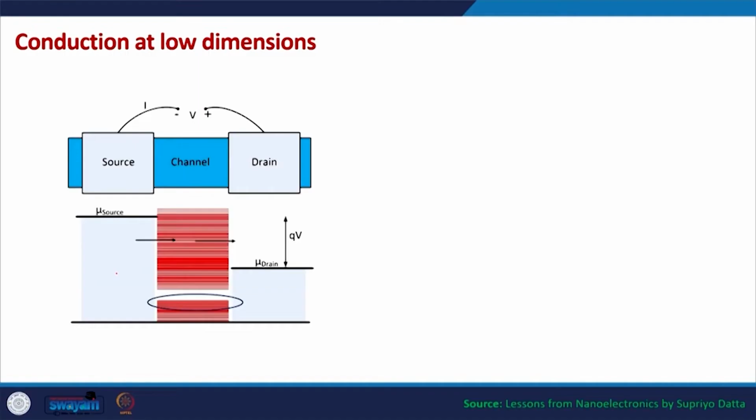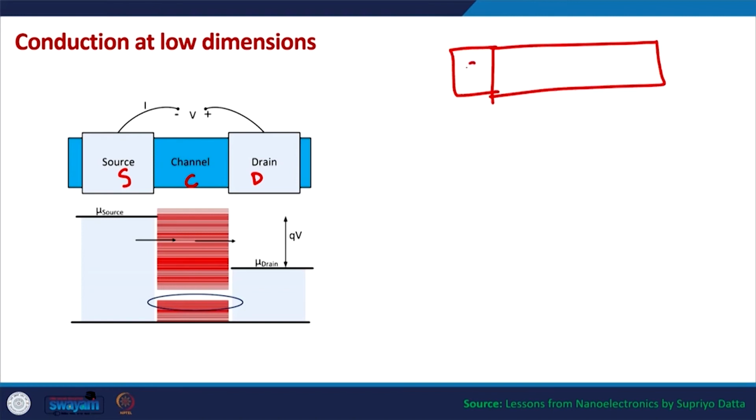So, finally, at low dimensions, this is the picture that we would need to think in terms of. In a two terminal device, when we have a source, a drain and a channel region, generally the channel region is extremely small, although that is not obvious from this diagram.